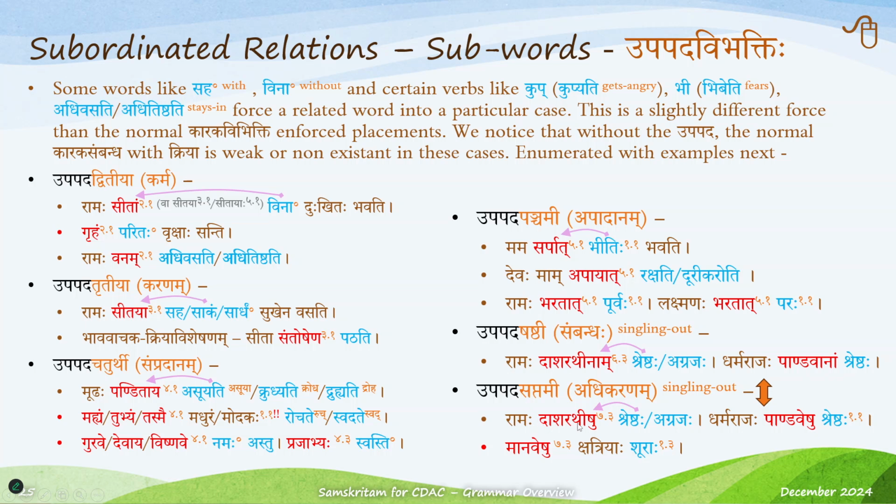Okay. So Dasharathinam Shreshtaha. Dasharathinam is Shashti Bahuvachana, Dasharathishu is Saptami Bahuvachana. Both are allowed. So Upapada Saptami, singling out, is possible in Shashti and Saptami. So Manaveshu Kshatriyaha Shuraha, amongst people the warrior clan are brave, like that.